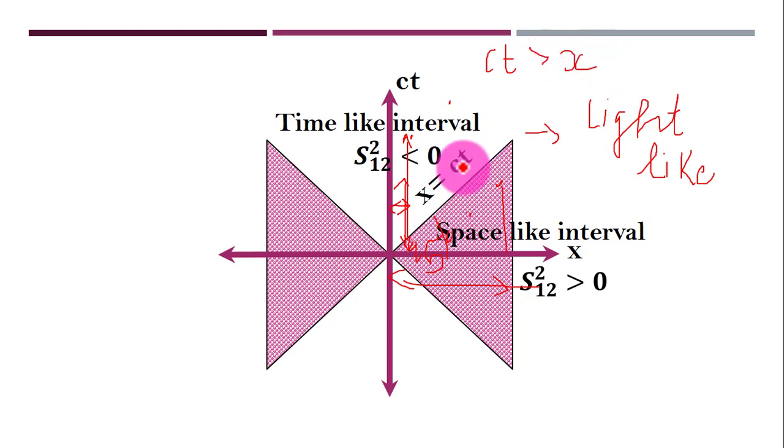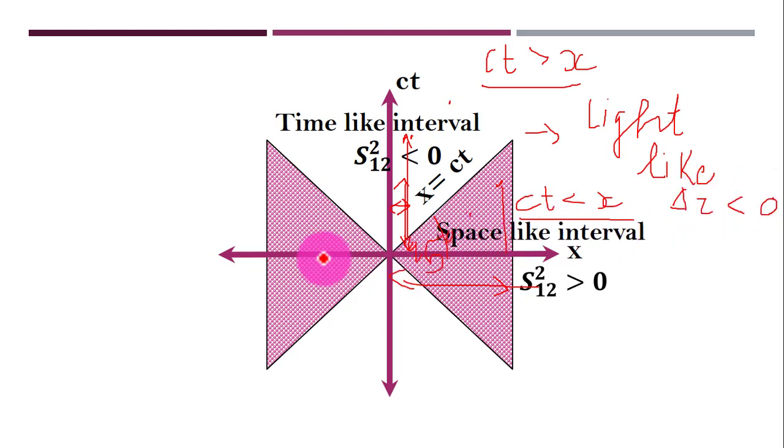All the points above this line have ct greater than x, and all the points below this line have ct less than x. So for all the points lying in this region, you can say it is a cone. In this cone, all the events have ct less than x, and delta tau will be imaginary.